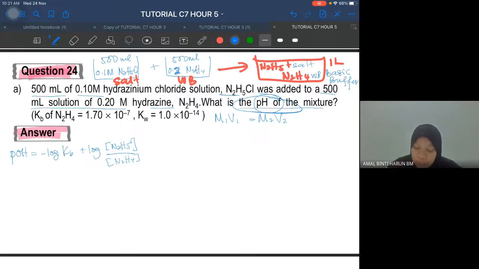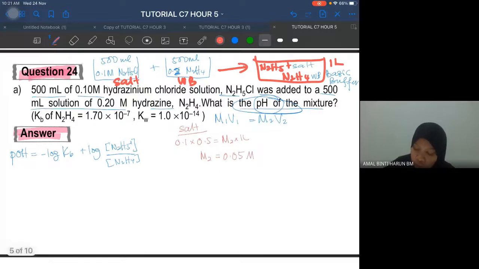Okay. So kita cari mole bagi salt dahulu. For the salt, initially it is 0.1 molar times 0.5 liter equal to molarity yang baru tak tahu, volume dia 1 liter. So molarity baru bagi salt adalah 0.05 molar. Okay. So that one is salt.